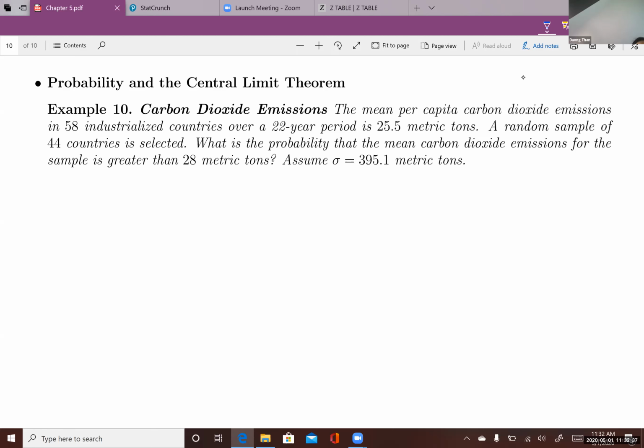So you know that this is the mean. The 58 industrialized countries are the population, so that is the population size, and the mean of the population is 25.5.